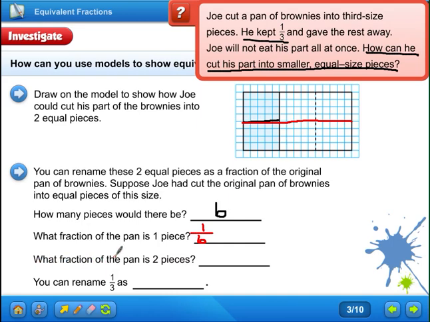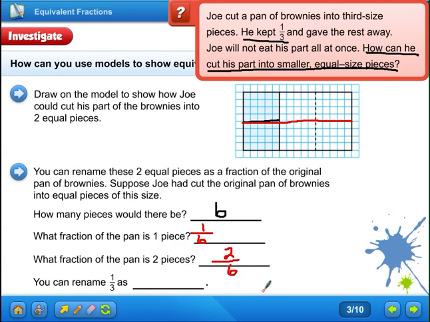What fraction of the pan is 2 pieces? So 2 pieces out of how many pieces are in the whole pan? 6. Sorry, that one's a little below the line.